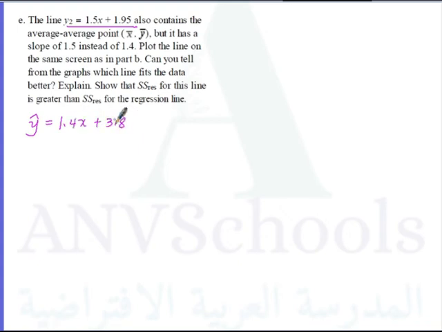Now we have another line, and this line also professes to have the average point, x bar, y bar. So 1.5x plus 1.95. It has a slope of 1.5 instead of 1.4. So look at this. This is a greater slope than the original y hat.